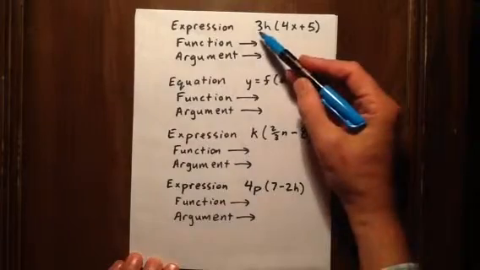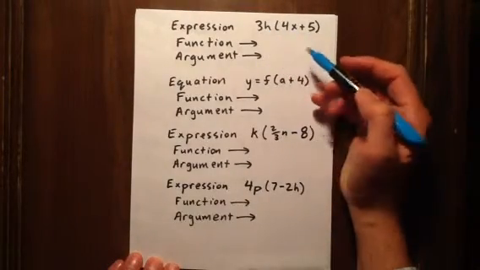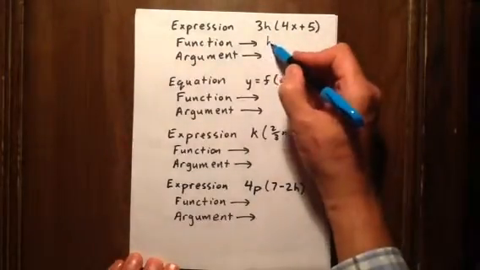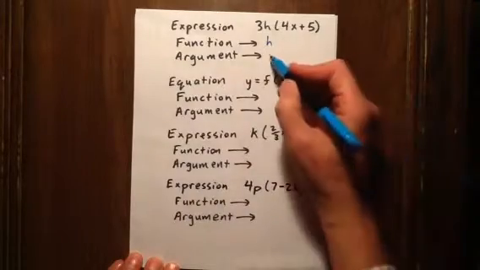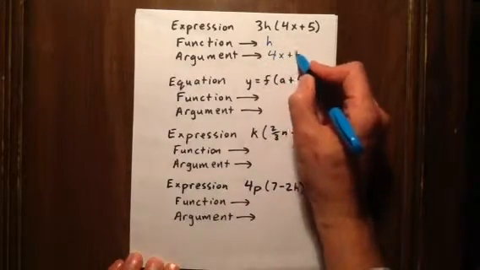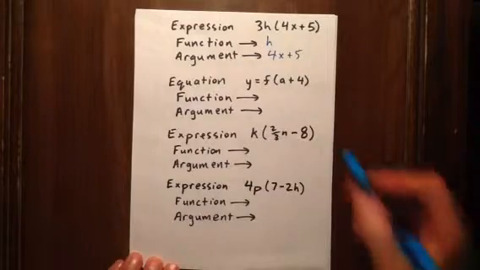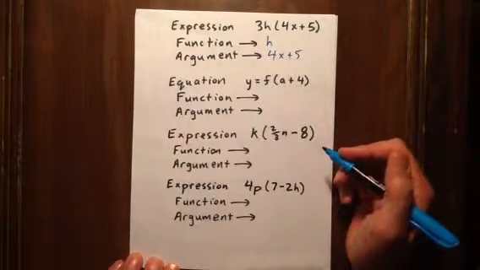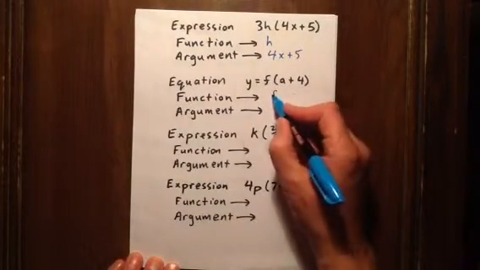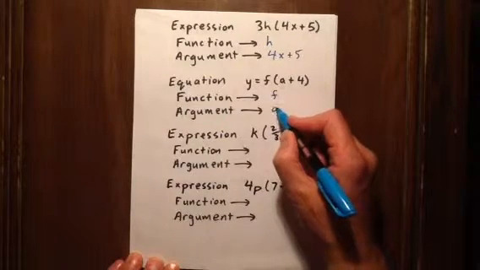If we're talking about the expression 3h of 4x plus 5, the function is h, and the argument is 4x plus 5. 3 is merely something we're multiplying everything by after we've evaluated it. If we talk about the equation y equals f of a plus 4, the function is f, and the argument is a plus 4.